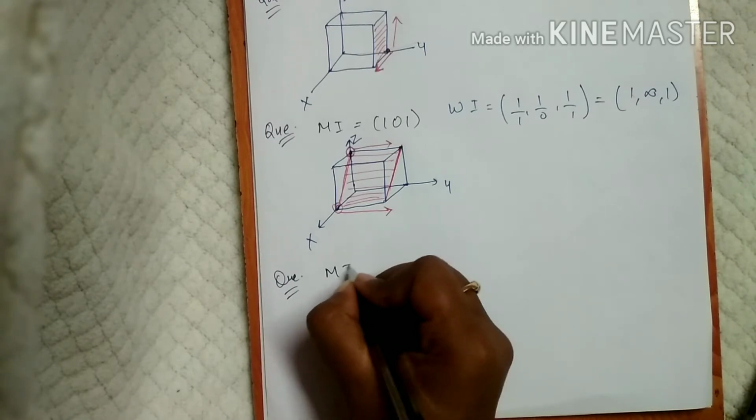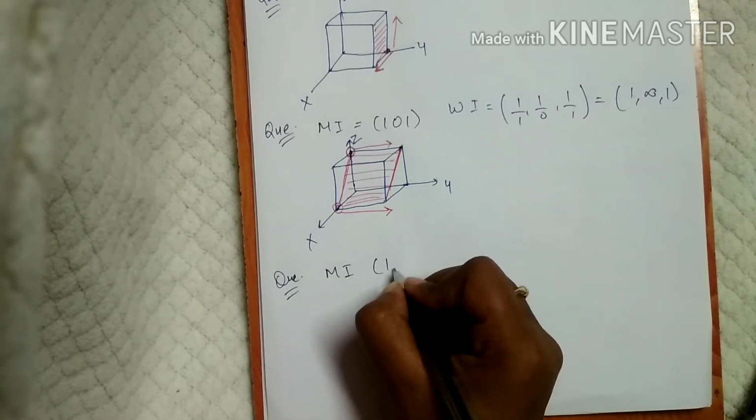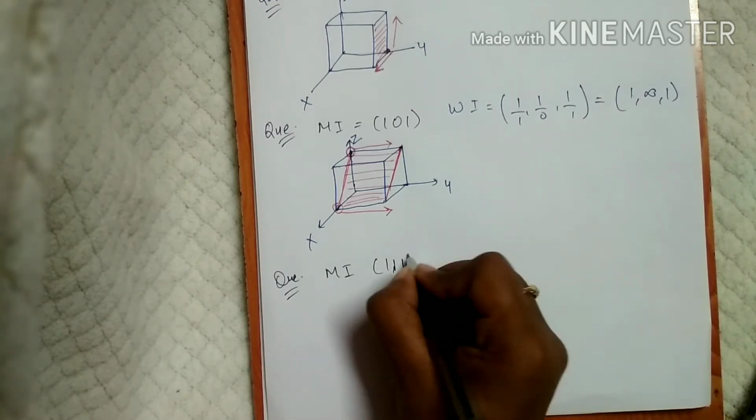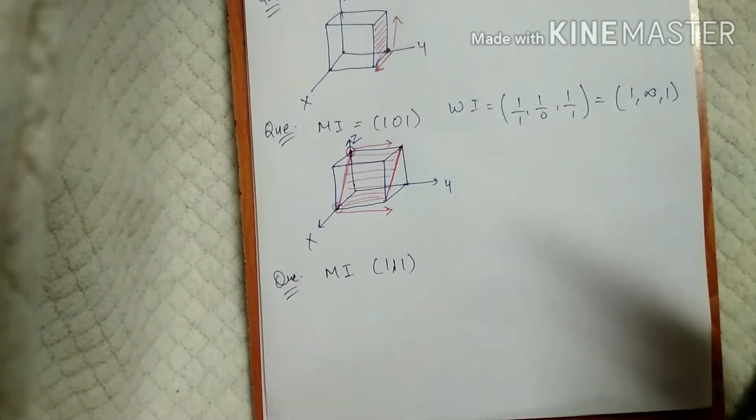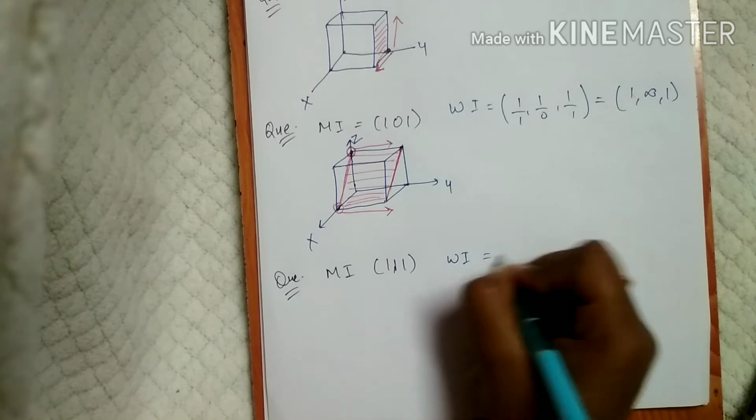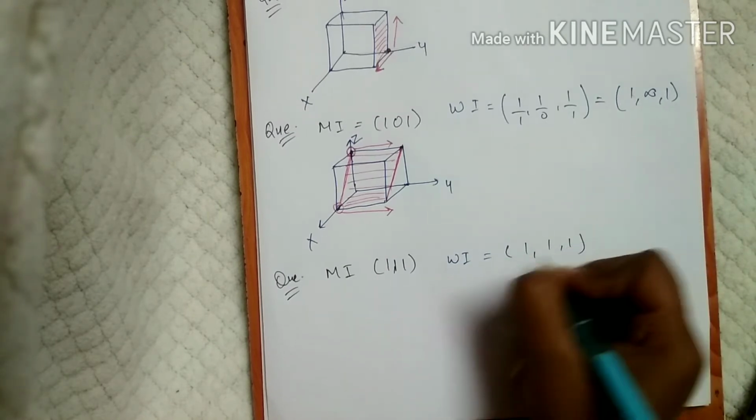The next question: Miller indices are given as 1, 1, 1. Now the Weiss indices will also come out to be 1, 1 and 1.